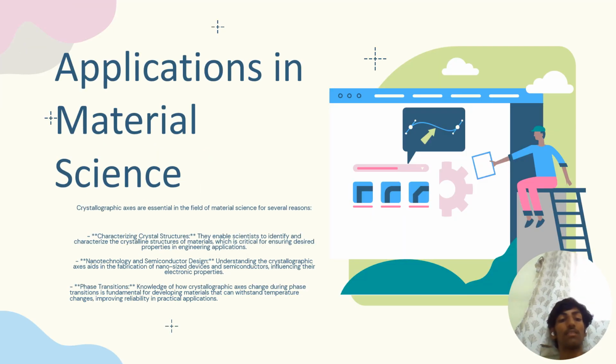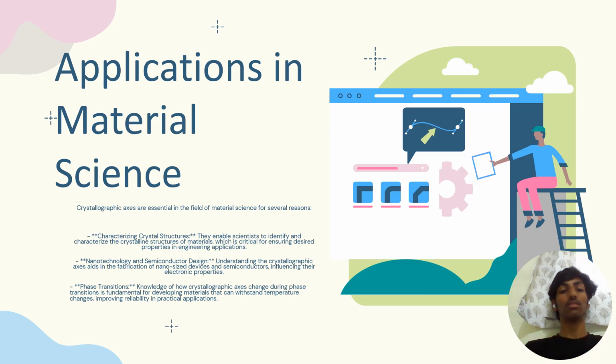Applications in material science. Crystallographic axes are widely used in material science and applied physics for practical purposes. Characterizing crystal structures: these axes help determine the arrangement of atoms, allowing researchers to understand how structures influence material properties.